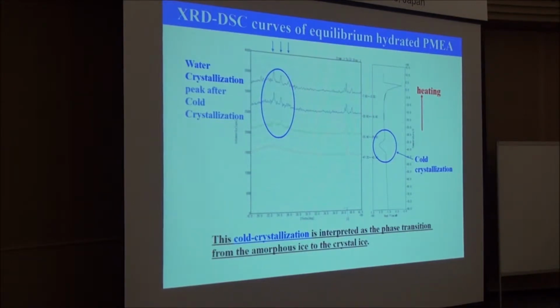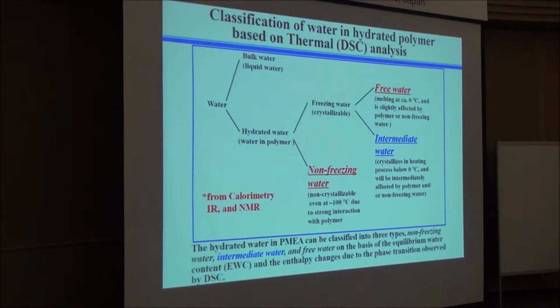This means this cold crystallization of ice is a phase transition from amorphous ice to crystalline ice. This is just a definition. We have 3 types: free water, non-freezing water, and intermediate water. At least 3 types. Very easy.